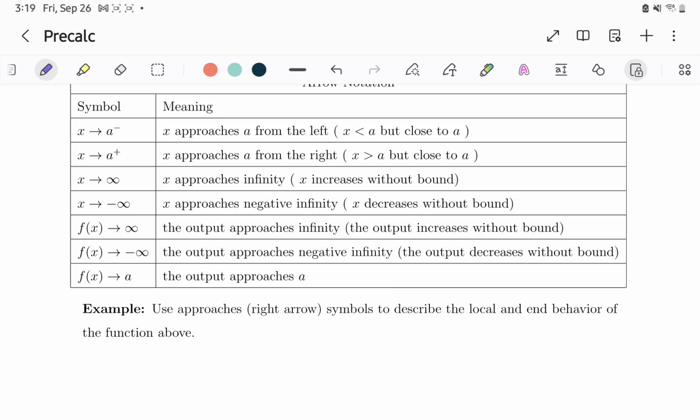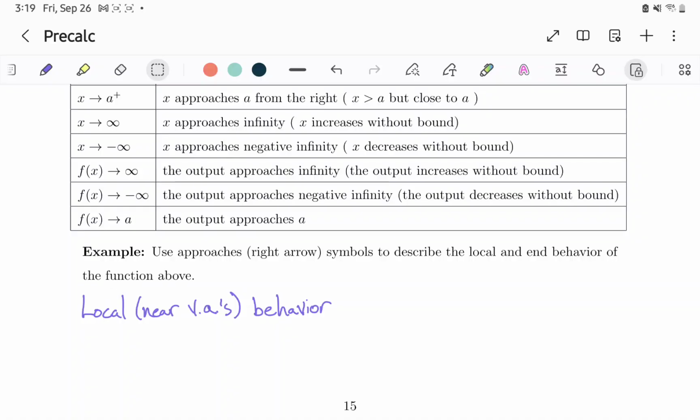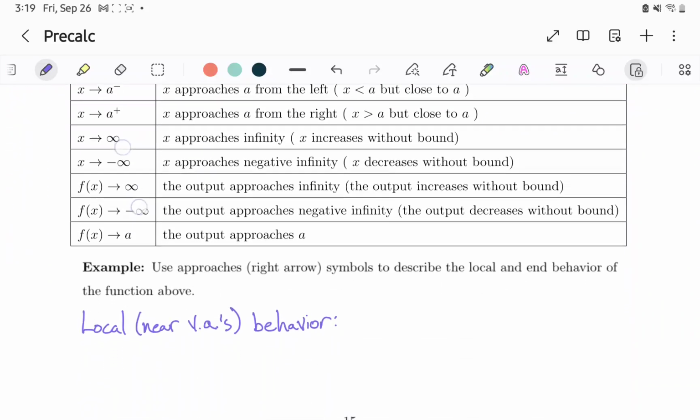For the local behavior, we mean what the function's values are doing when we're close to the vertical asymptotes, so near the vertical asymptotes. So let's go back to our graph.